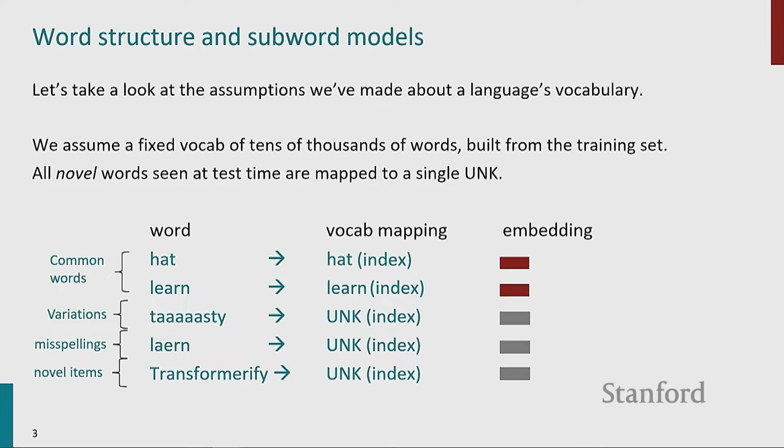And so that's all well and good. You see these words in your model, and you have an embedding that's been learned on your data to know what to do when you see those words. But when you see some variations, maybe you see tasty and maybe a typo like learn, or maybe novel items where it's a word that you as a human can understand as this combination.